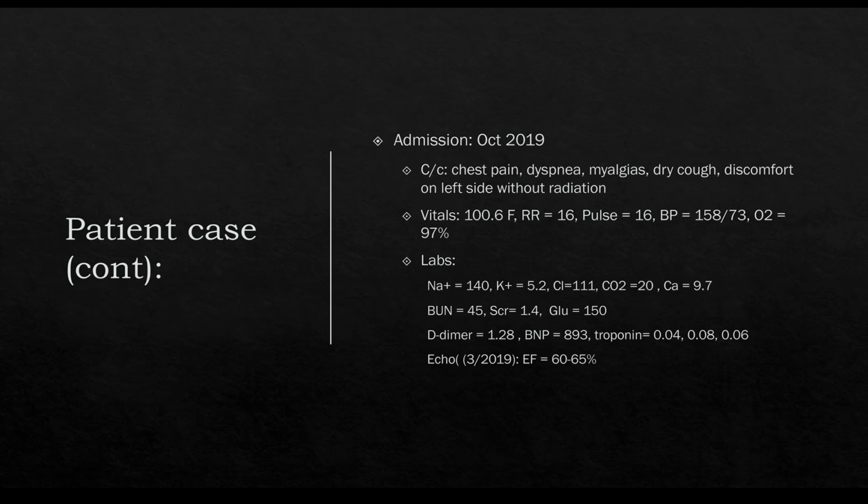She was admitted to Crozer in October 2019 with a chief complaint of chest pain, dyspnea, myalgia, dry cough, and discomfort on her left side, which did not radiate. The vital signs at the ER were temperature 100.6 Fahrenheit, respiratory rate 16, pulse 16, blood pressure 158 over 73, and oxygen 97% on room air.